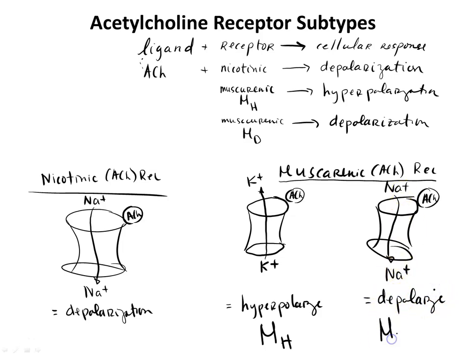This is going to be M sub D. D for depolarize, right? Those are your receptor subtypes that give you different cellular responses. Memorize this, people. Know this like your first name. All right, let's move on.